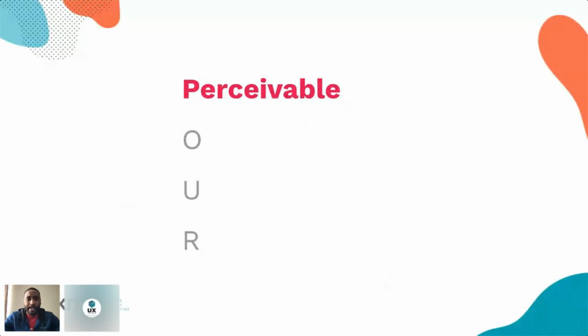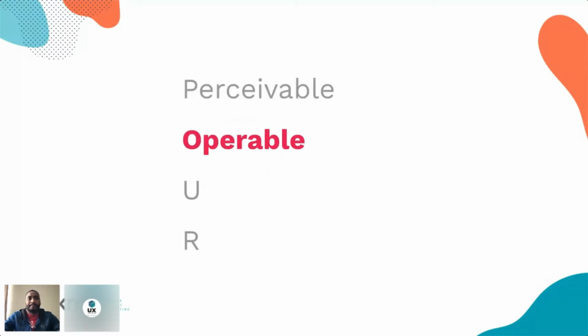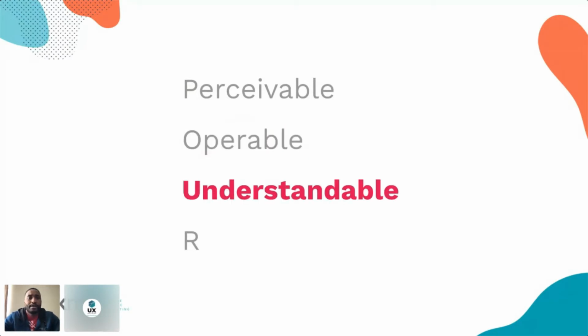So in order to create usable software, we need to follow the POUR principle. P stands for perceivable, meaning that information and UI components must be presentable to users in ways they can perceive. O for operable. User interface components and navigation must be operable. U for understandable.